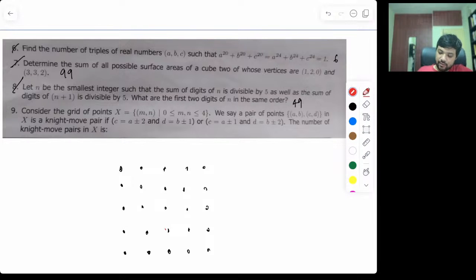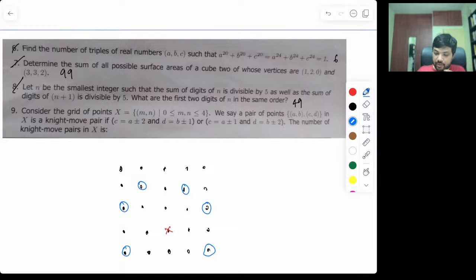If you start with any a comma b and you go either a plus 2 and b plus 1, or a plus 1, a plus 2 and b plus 1 here, or a plus, here, b minus 1, or a minus 2, this is behind like this and like this, and this is our usual knight move, I think. And this fellow doesn't even have actually below.